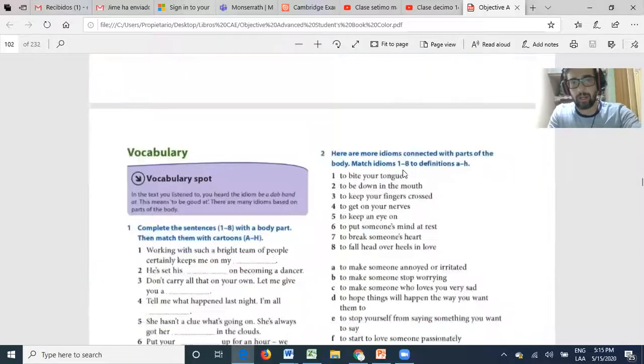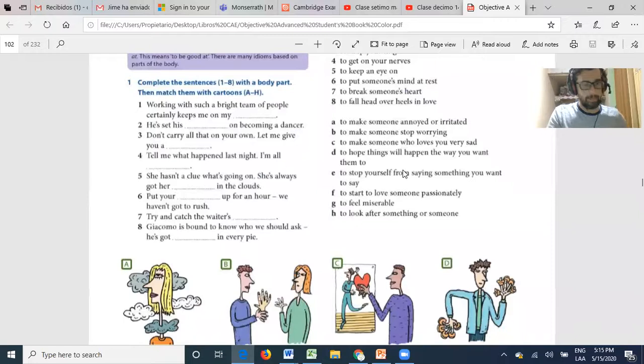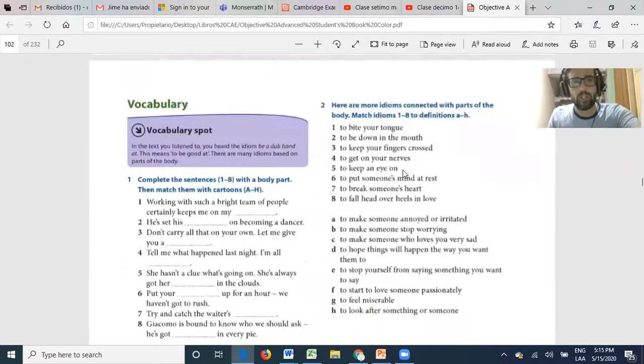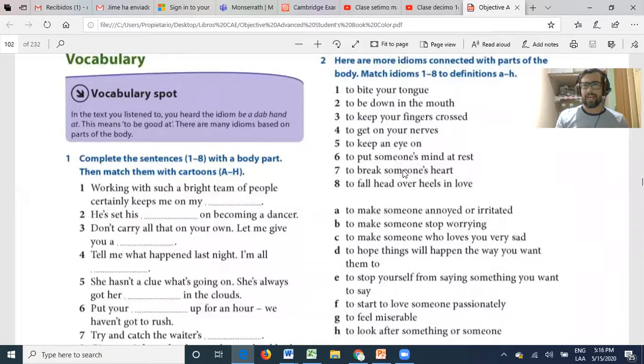continue with our lesson. And in this part that we are going to be seeing next on page 102, we're going to practice and see the way of using these idioms regarding body parts. Okay, remember that English has a lot of idioms.